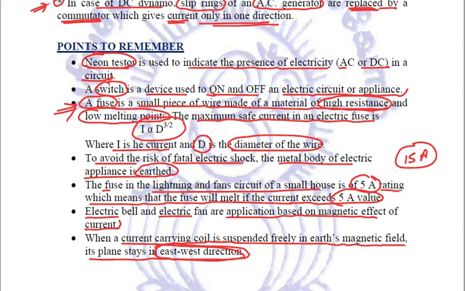We have studied Maxwell's right hand thumb rule, which is also called the corkscrew rule. We need to remember that Maxwell's right hand thumb rule or corkscrew rule is used to find the direction of magnetic field lines. Right?